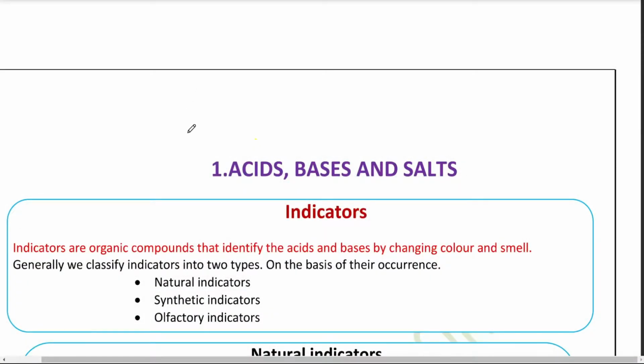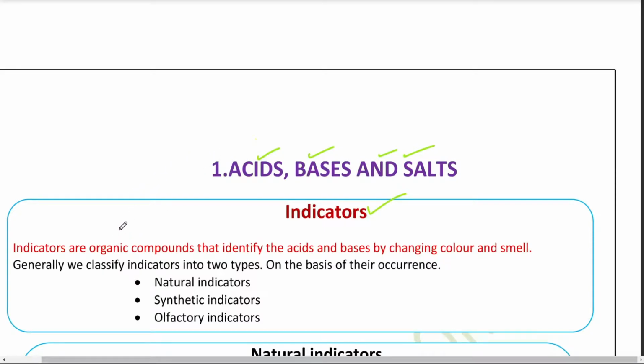In this session, we are discussing the important concepts of acids, bases, and salts for your upcoming FAs and examinations. Now, to understand the topic of acids, bases, and salts, we need to first understand what we mean by indicators. Now, what are indicators?